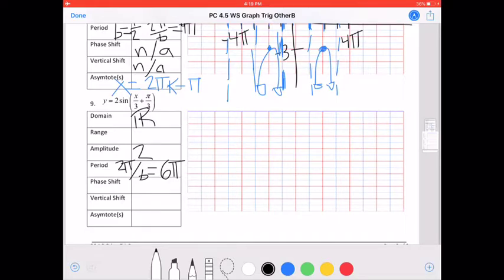So for phase shift, we always do C divided by B, which here would be positive pi over 3 divided by 1/3. So pi divided by 3 divided by 1 over 3, which these would cancel out, so I'm left with just equals pi. And then since it's positive, that means it's going to go to the left pi.